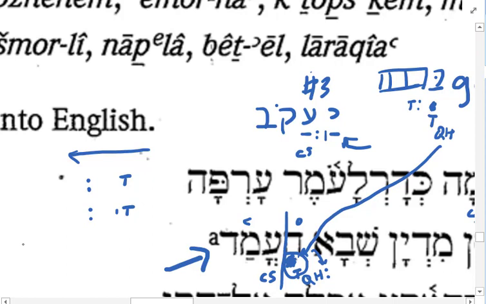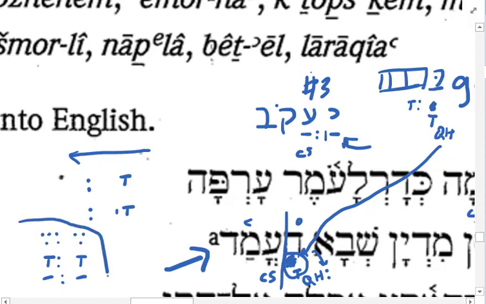So anytime I have a symbol that looks very much like the thing that comes after it, but it's a compound shava, we're going to treat these both as kametz ketuf symbols, okay? And when I have this, that matches. When I have the segol here, we have a matching segol.